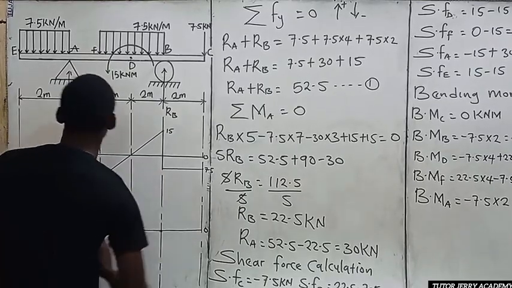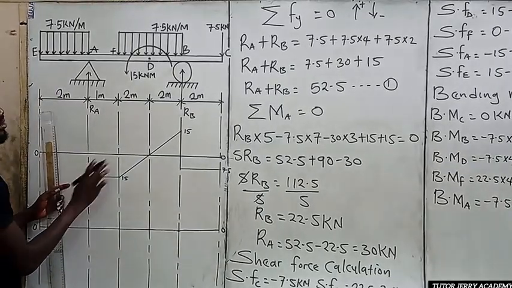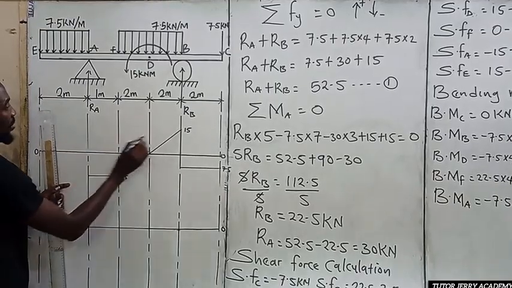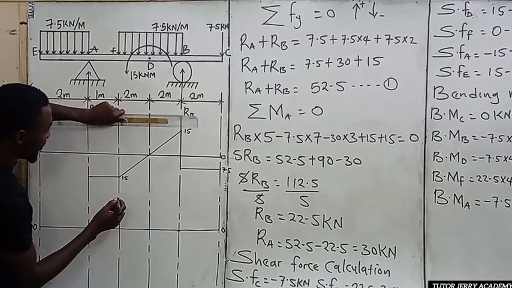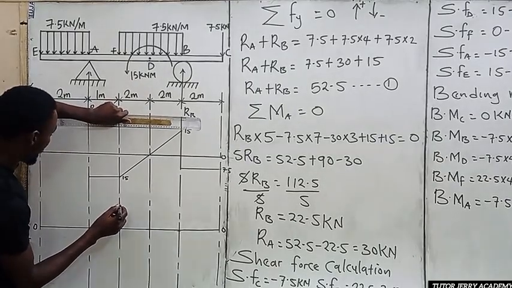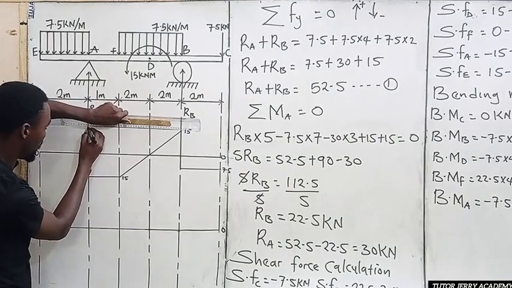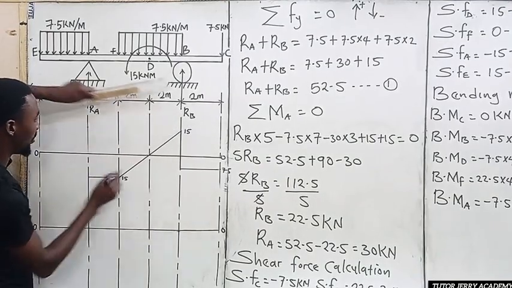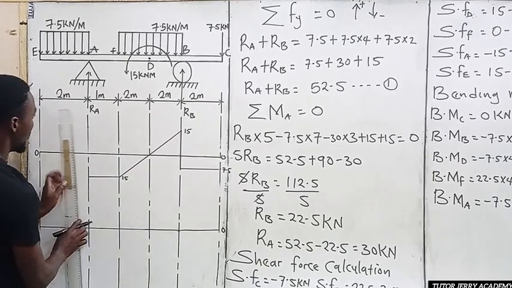All right. So at A now, we have our shear force to be 15. So we are going back to 15. If we do this, our 15 is going to fall at this point. This is 15 here, this is 15 here.